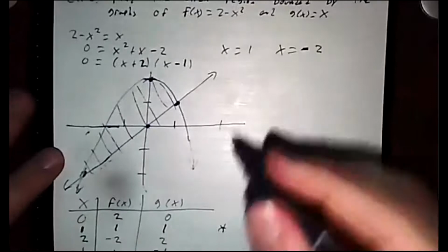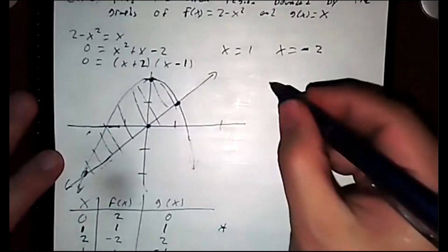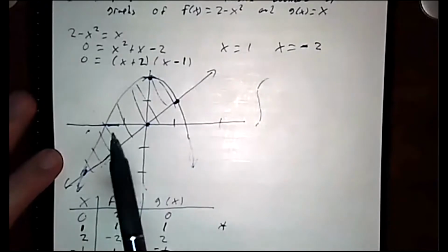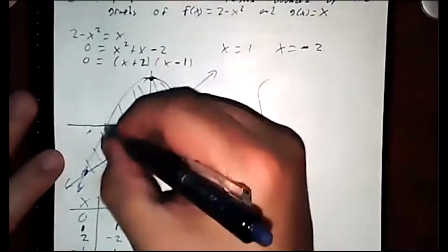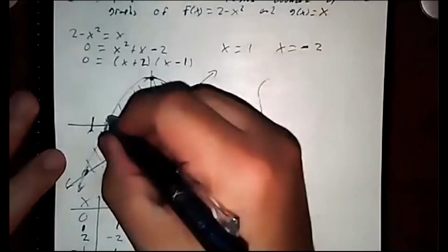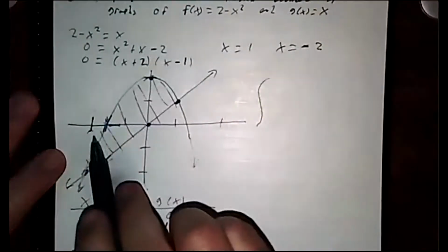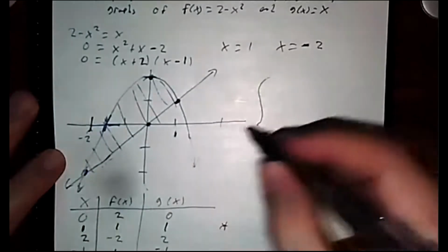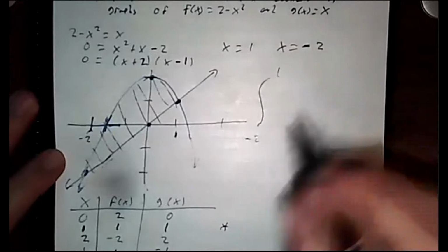All right, so the integral will be, right, negative 2, which is right here. No, right here. That's just a line. So it'll be negative 2 to 1. That's where they intersect.